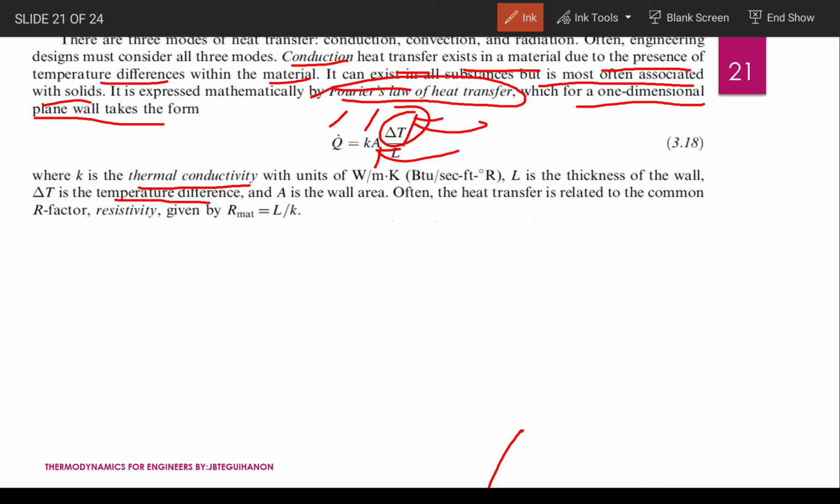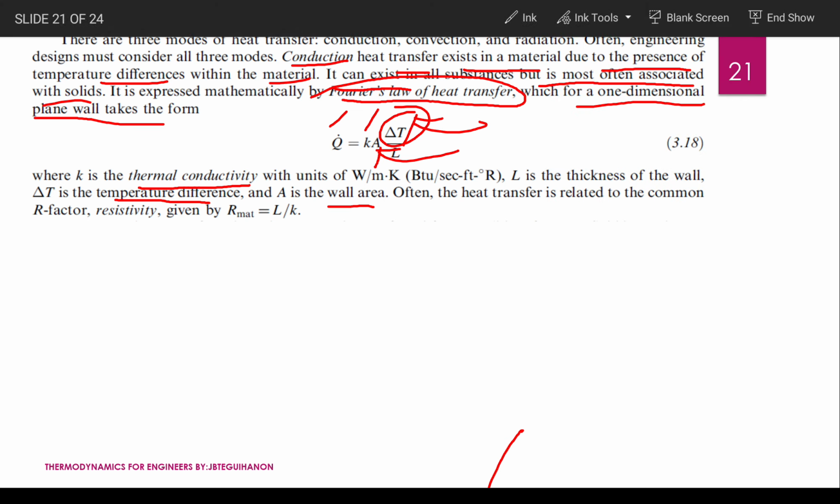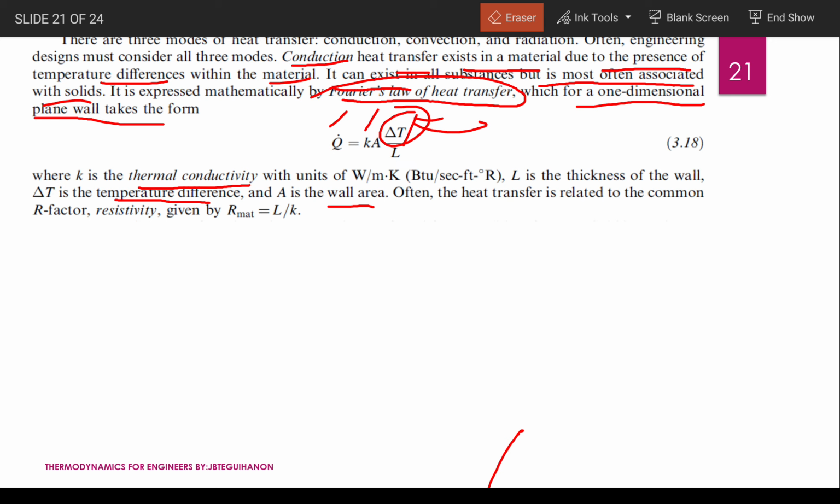A is the wall area. Then you have L at the bottom.